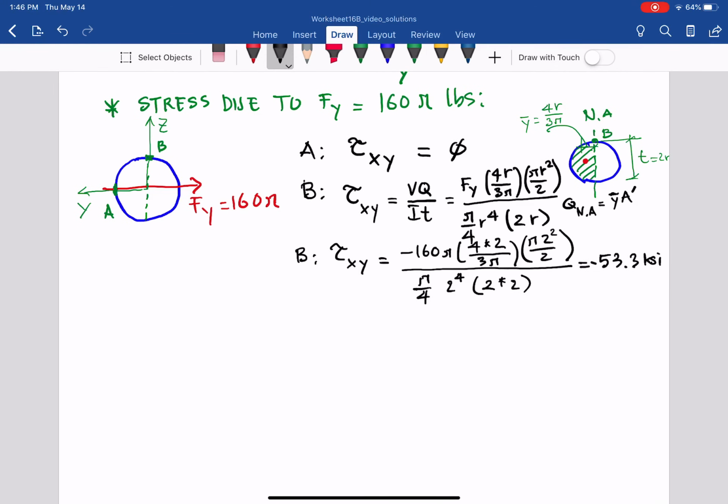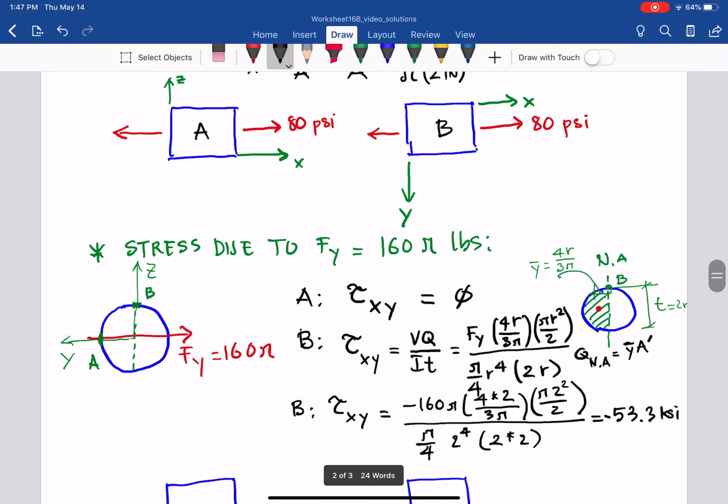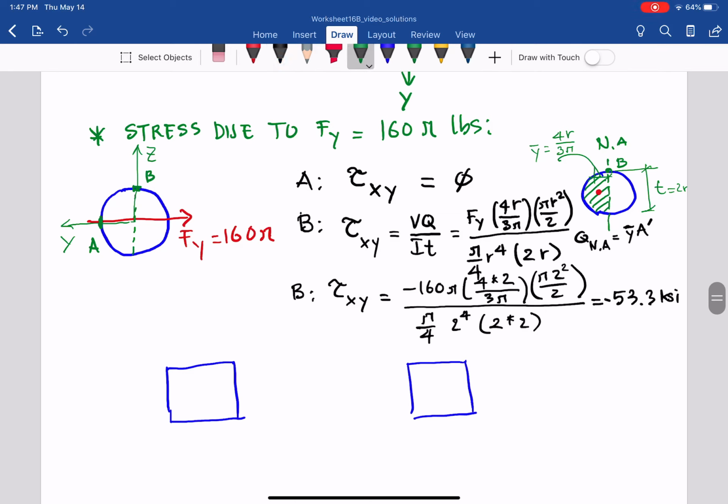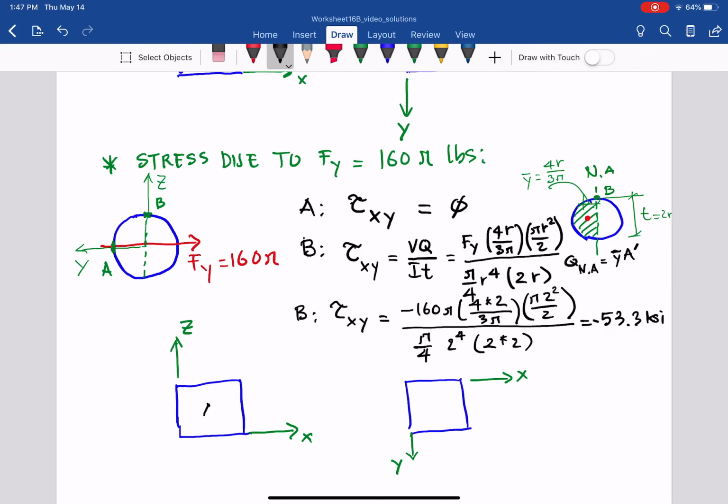From that we can draw the state of stress due to Fy. We have A and B again, with X, Z, and then X and Y for B. Point A has no stress.